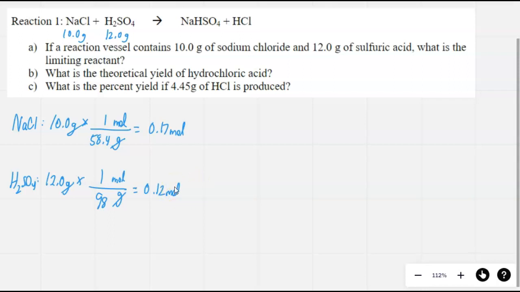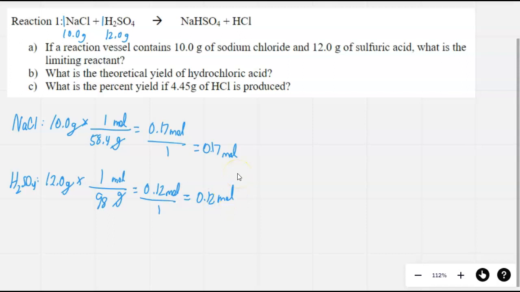Looking at that, what we want to do next is divide by the coefficient. Now, here the coefficient of both of those is 1. So I'm just going to divide both of them by 1. I get 0.17 and 0.12.